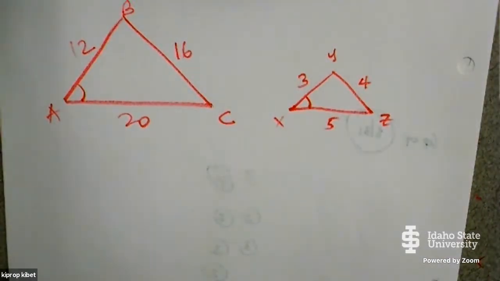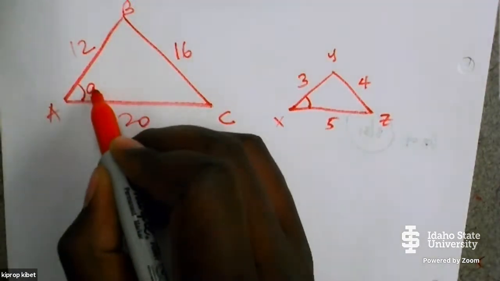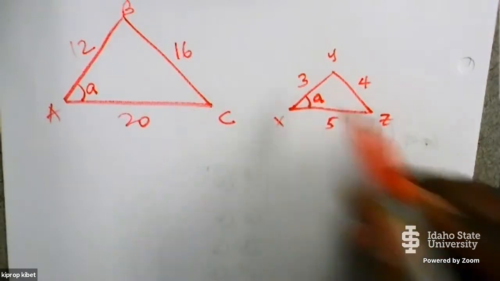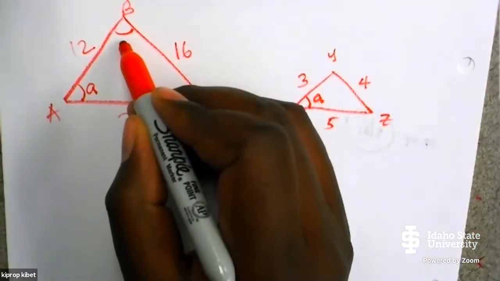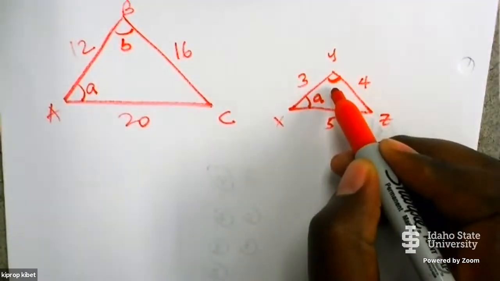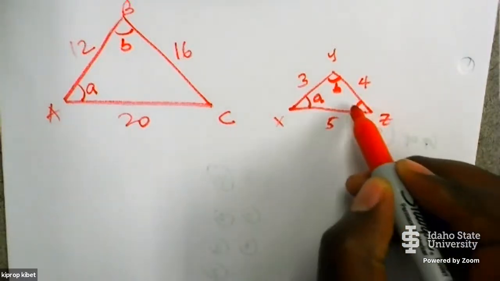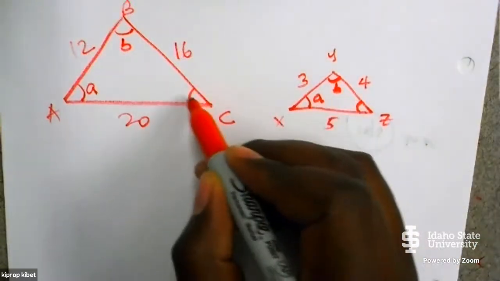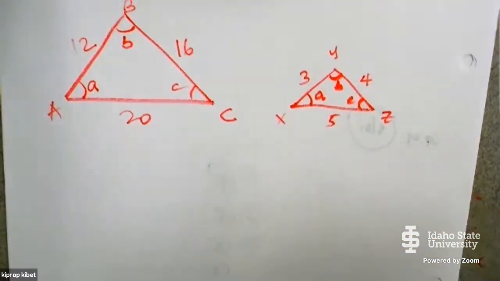So the two angles should be similar. If you name this one as A, then also this one as A. This one is also similar, you can name this one as B, then you can also name this one as B. This one also is similar to this. If this one is C, then you put that one as C.